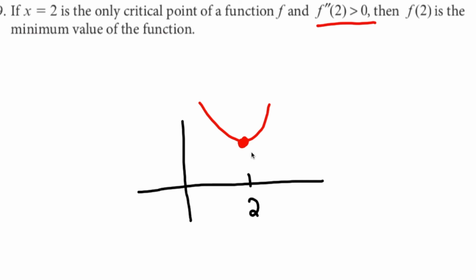If it was just one of the critical values, and it didn't say it was the only one, you could have something like this that would have a critical value here and a critical value there, and those two would give you different critical values. Then it wouldn't necessarily be the minimum value of the function because the graph could go down, and you would have some minimum values over here on the side. But in this case, 9 is true.